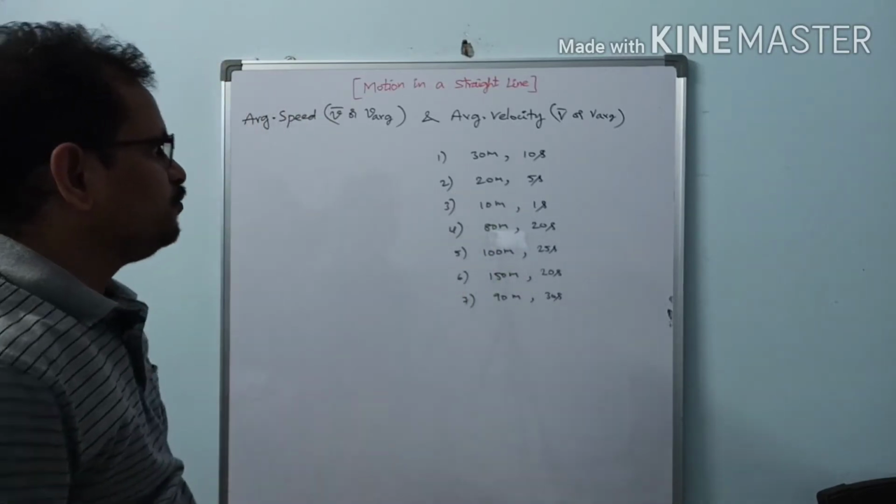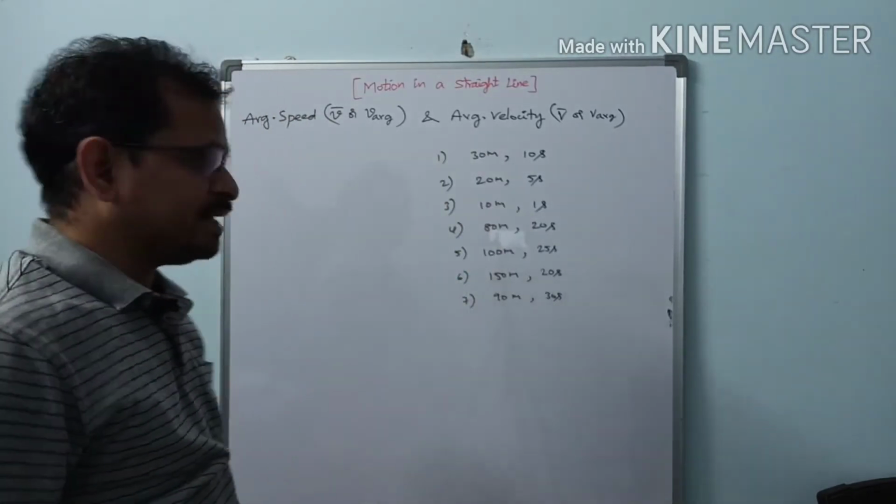Suppose you have data like this, what are these?